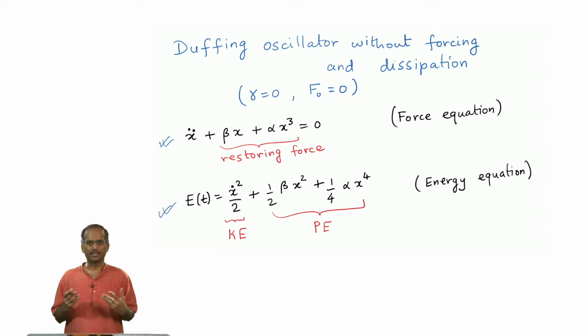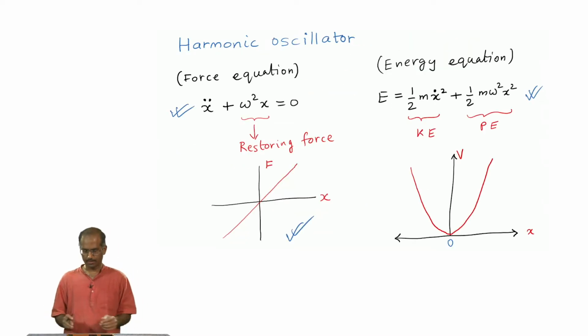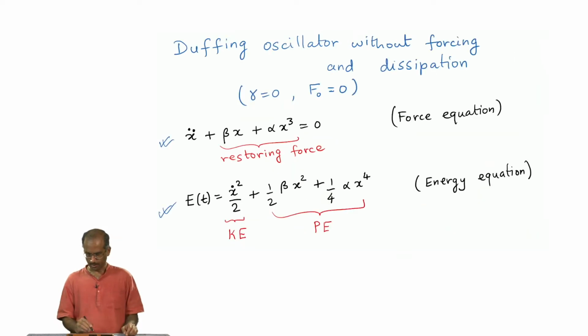So, it is the standard relation between potential and the force which needs to be used to write the energy equation. Now, once again, like we did just now for the case of harmonic oscillator, we sketch the potential. So, we will do the same thing. Now, I have my expression for the potential, which is this. Now, let us sketch this.